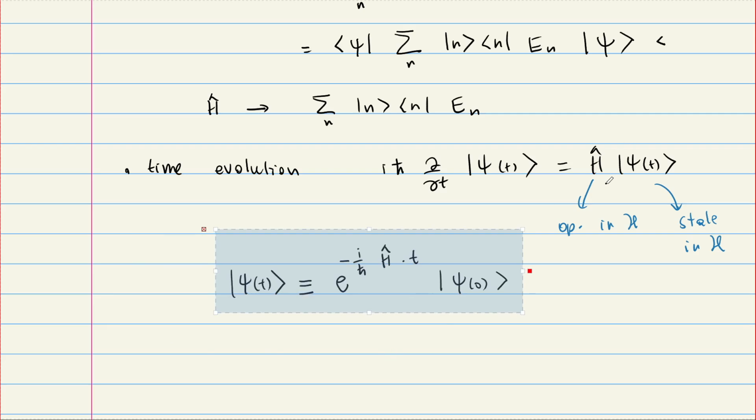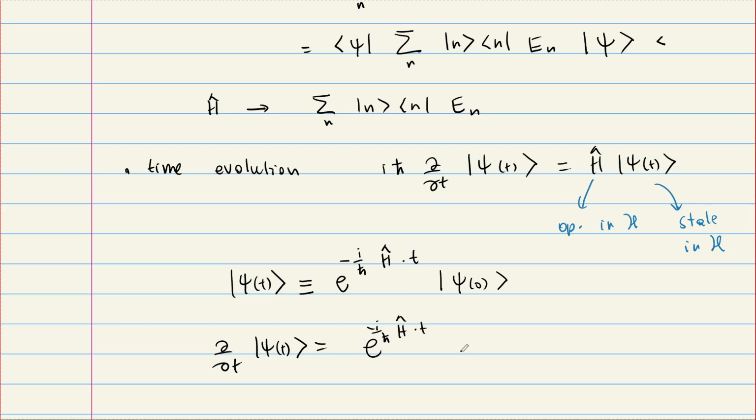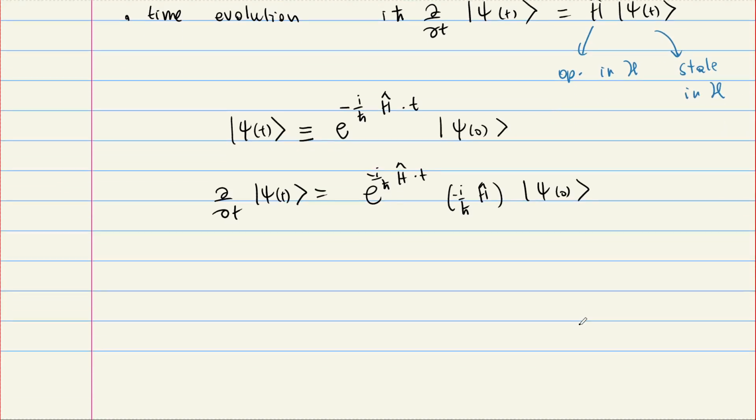If H is time dependent, you can do something a little bit more complicated, but formally the same thing. If H is time independent, I can just take ∂_t of |ψ(t)⟩, which is equal to e to the minus i over ħ H t, times minus i over ħ H, acting on |ψ(0)⟩, which has nothing to do with time.